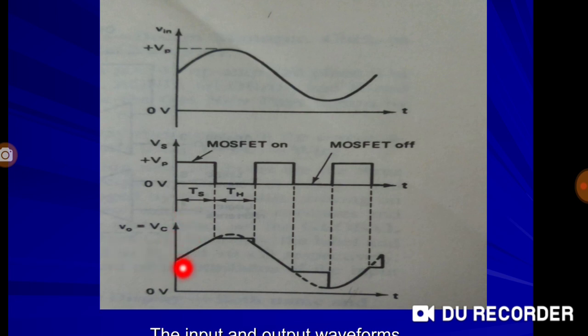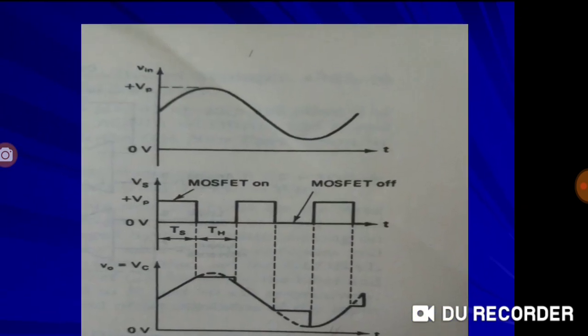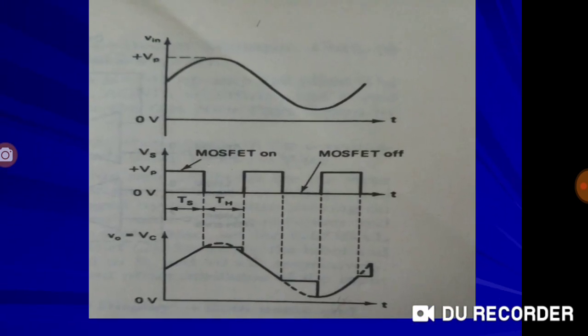So V0 is equal to Vc, the voltage across the capacitor, on the y-axis along time. So we are showing the input to output relation over here also.